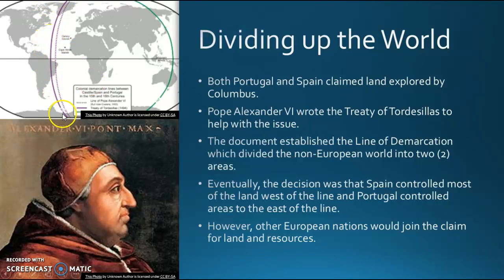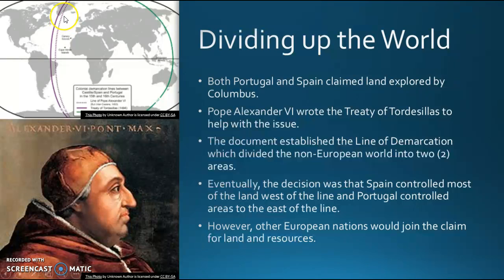The division was that Spain would control most of the land to the west of that. The original was a dotted line here, and it'll be moved. But Spain will control most of the land to the west of that solid purple line, so they get North America and most of South America, and then Portugal will control the area to the east of the line.